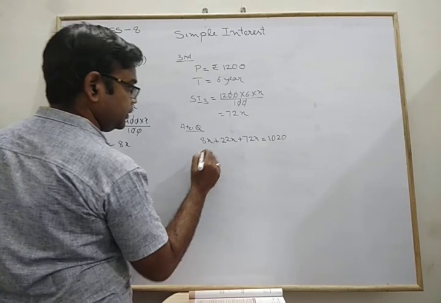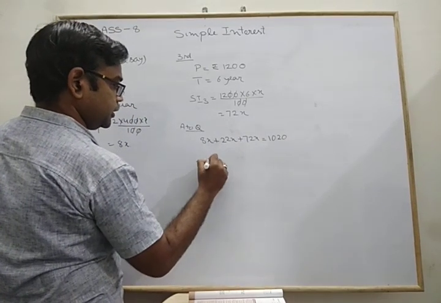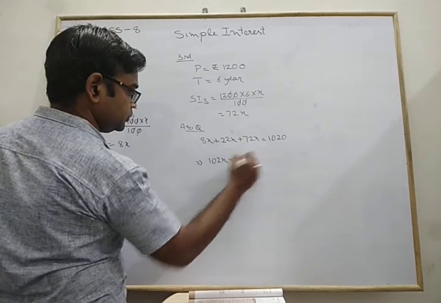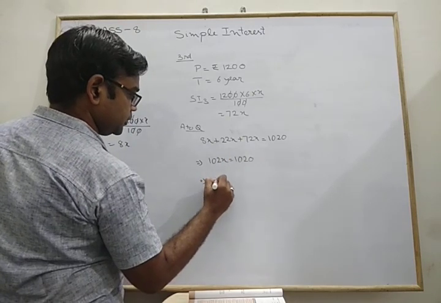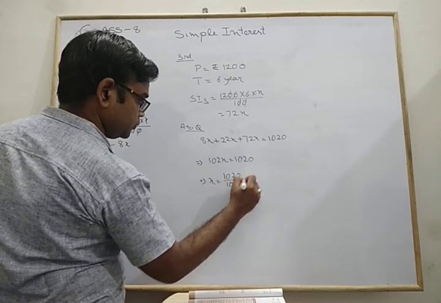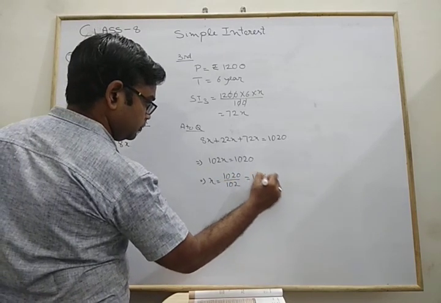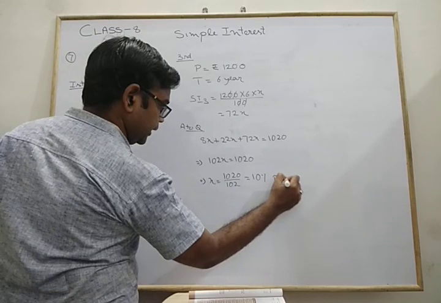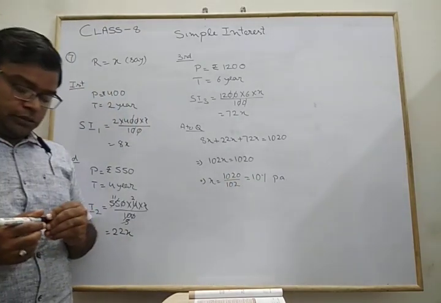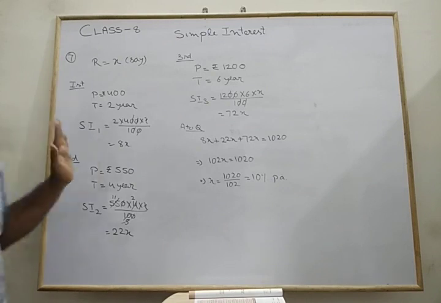And then we simplify, it's 102x equals 1,020. So x equals 1,020 by 102 equals 10% per annum. This is your rate of interest. Clear? It is your solution of question number 7.